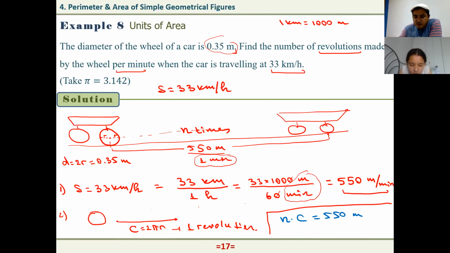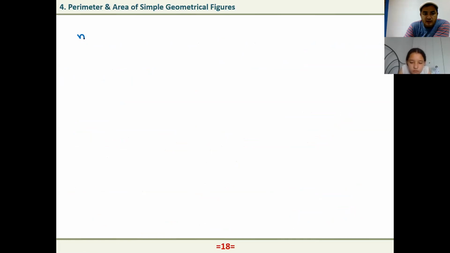The length of this one is in meters too. Because we need to find n, from here I can write n is equal to 550 over C.